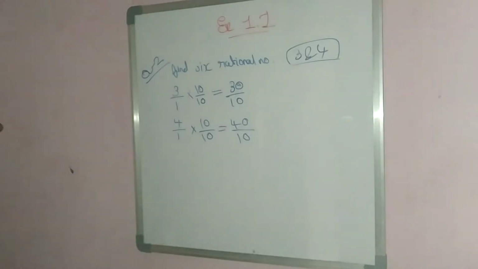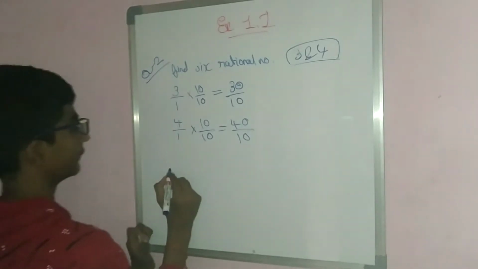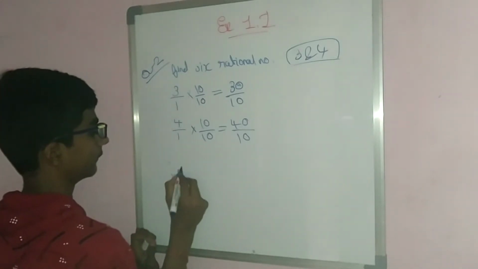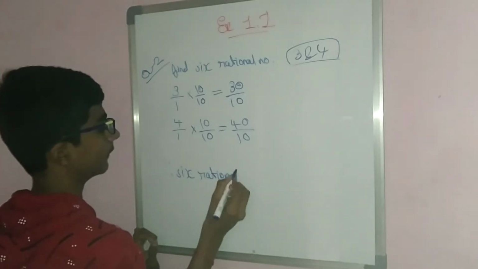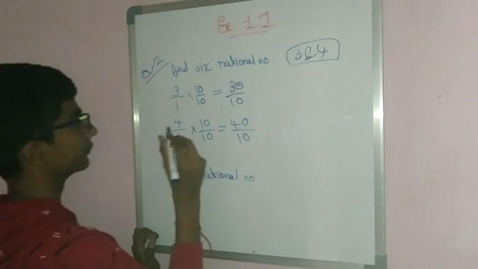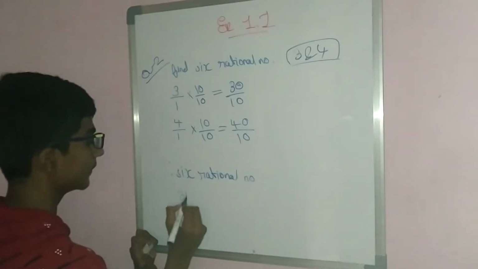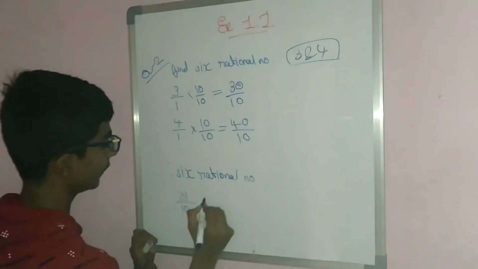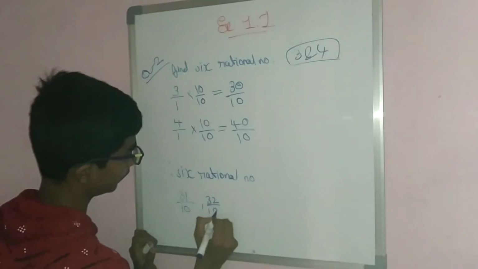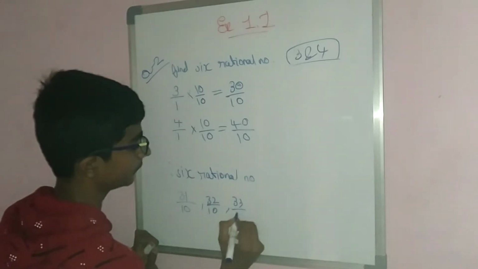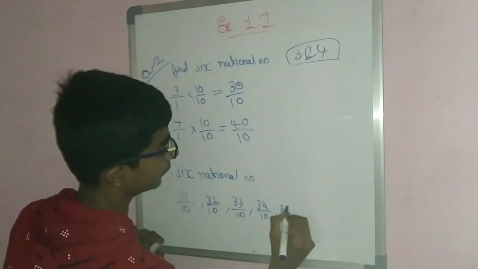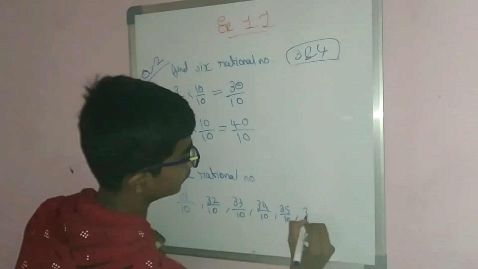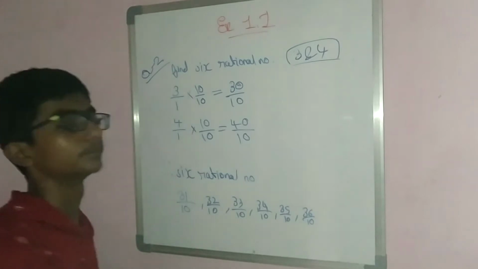So our question was find 6 rational numbers. Therefore the 6 rational numbers are 31 upon 10, 32 upon 10, 33 upon 10, 34 upon 10, 35 upon 10, 36 upon 10.